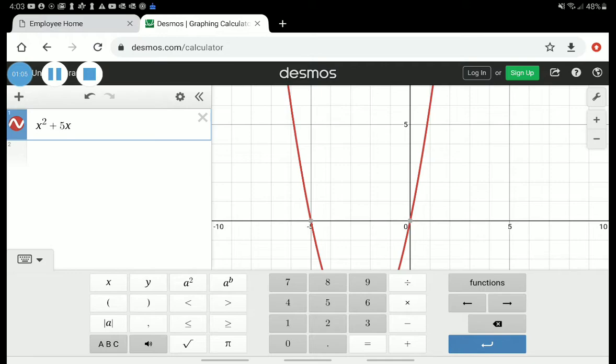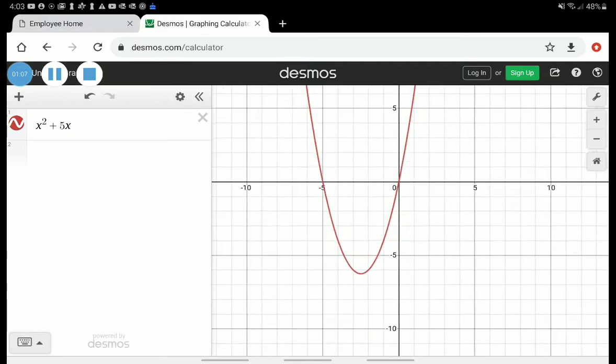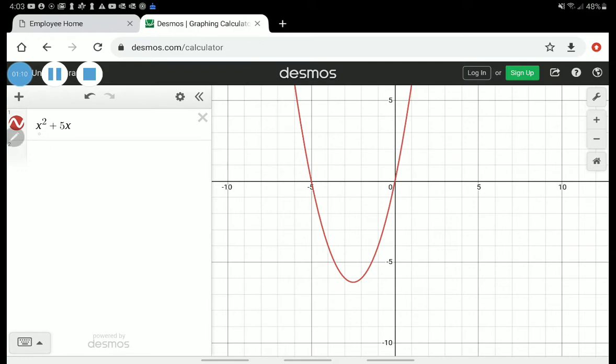So I've gone to Desmos. It's a really nice graphing calculator, and I've typed in the function x squared plus 5x. We want to know what's happening when we get close to -2. So here is our -2 down here.